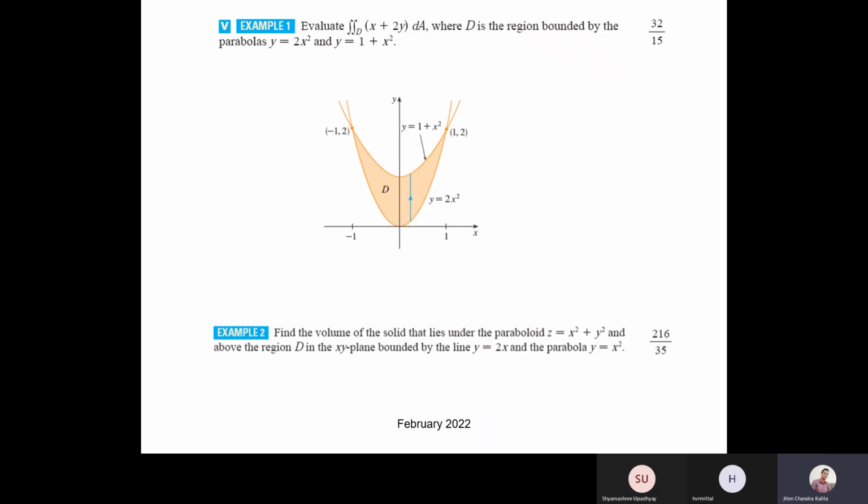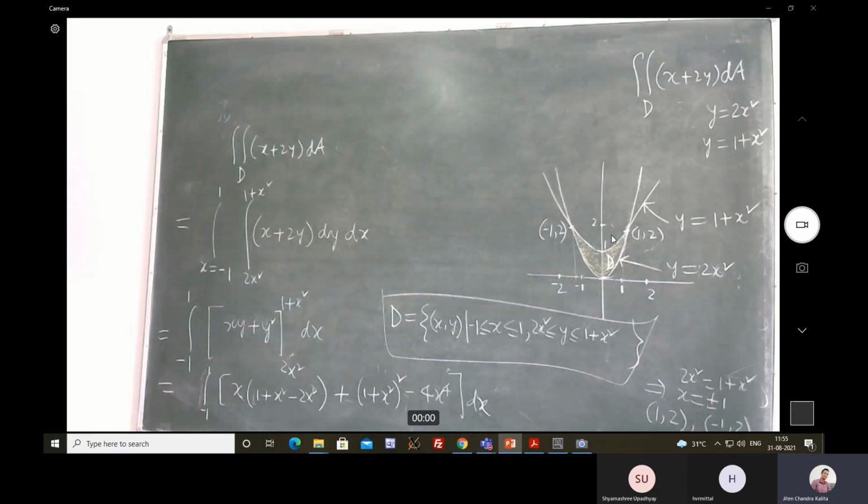The function x squared plus y squared is always non-negative, so we can simply consider the integral of this function over the region D as the required volume.